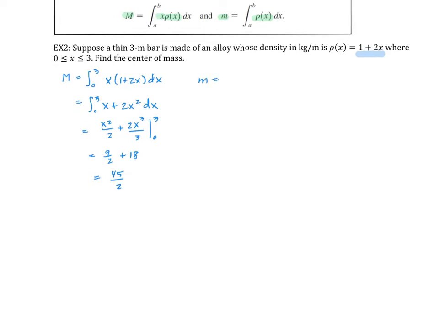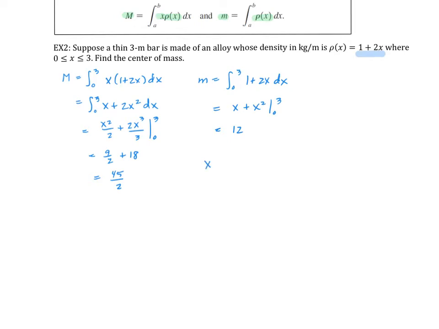Now the mass is simply the integral of the density function 1 plus 2x, which would be x plus 2x squared over 2, which would be x squared, evaluated from 0 to 3, and that would give me 3 plus 9, or 12.